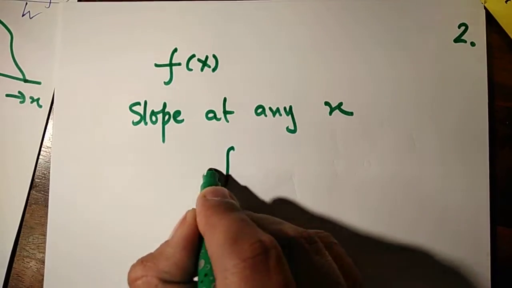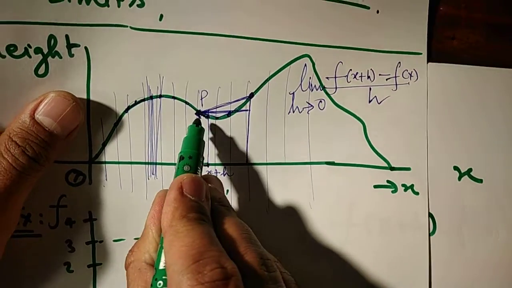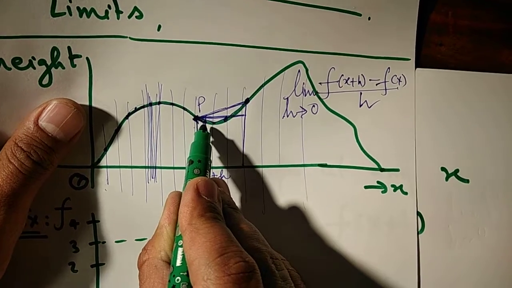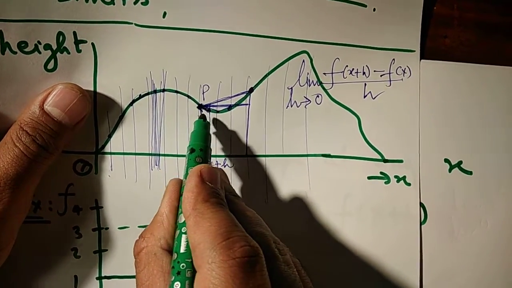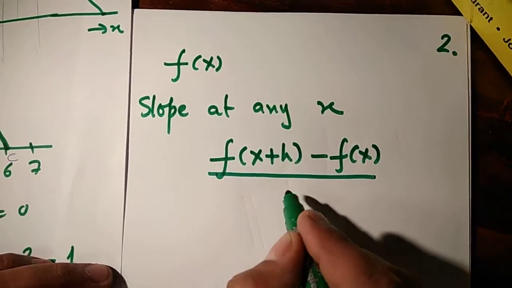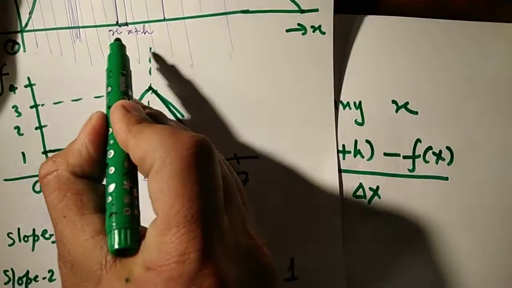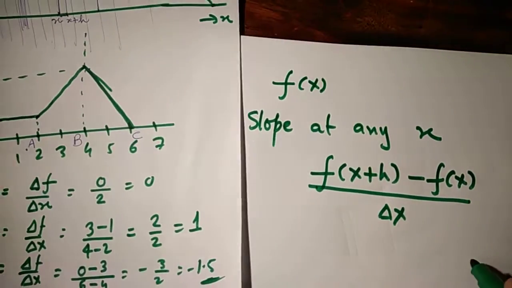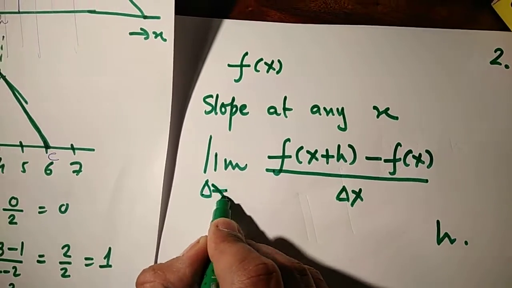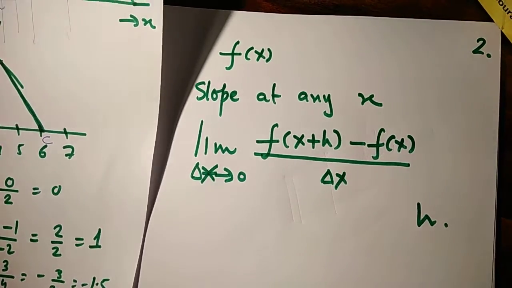I should find out the value at a point slightly further away, this direction or that direction, doesn't matter. Okay, subtract from it f of x and divide by delta x. What is delta x? Delta x is the difference between the values of those 2 points, which is h in this case, and then take the limit delta x going to 0. That gives you the slope, because this will be the slope of that tiny line segment.